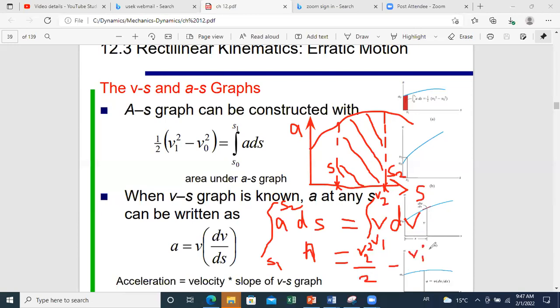So let's say I gave you one boundary condition. I gave you the velocity at point 1. I told you that at s1, v1 is given. Deduce velocities at other points. The area is determined graphically. v1 is provided as boundary condition. From this equation, you can deduce the value of v2 squared.